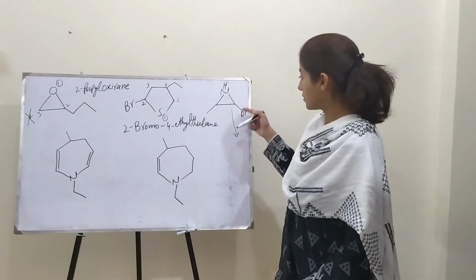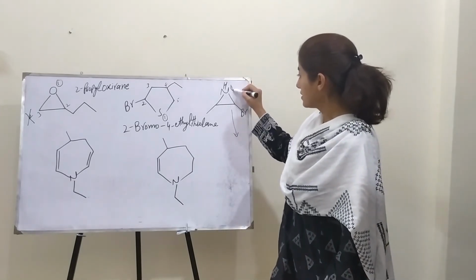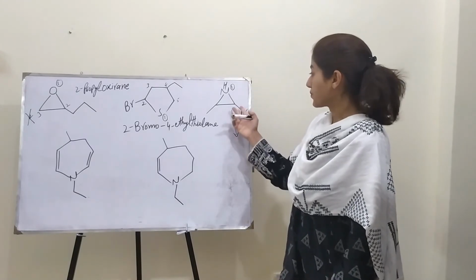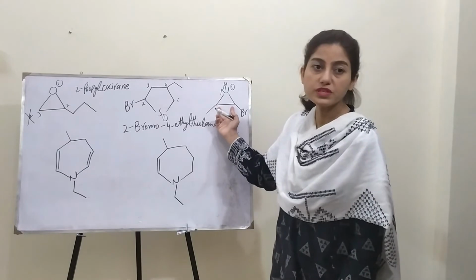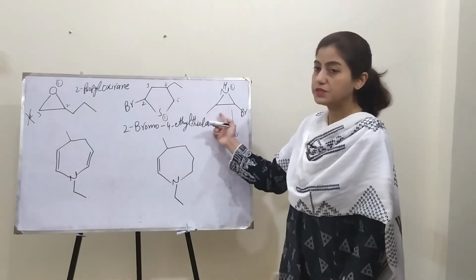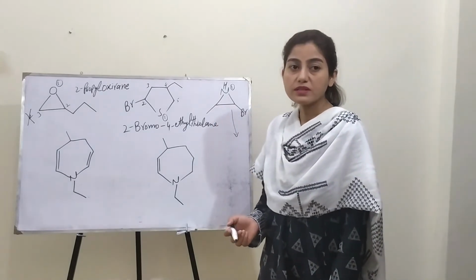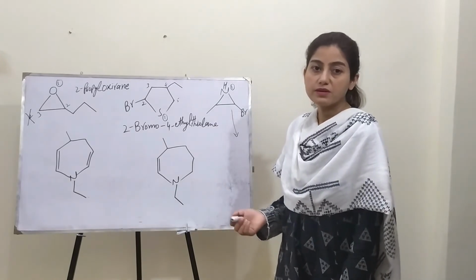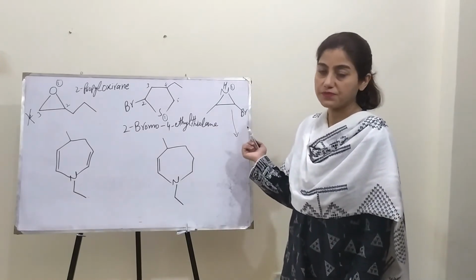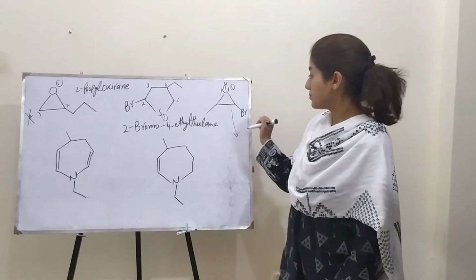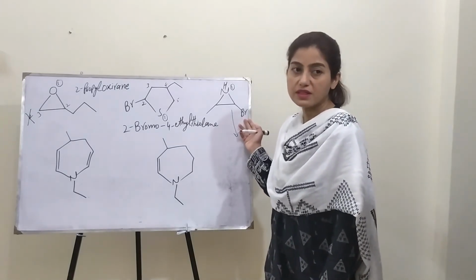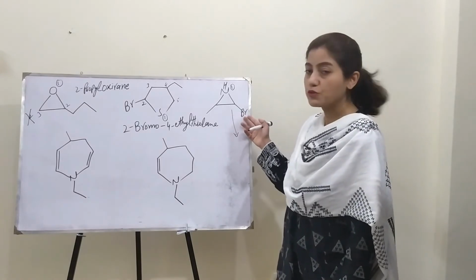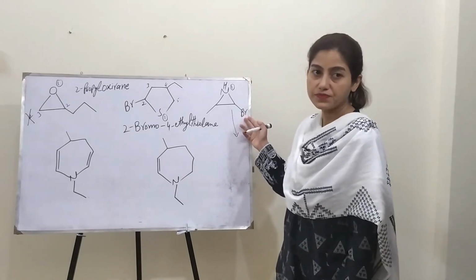And for this compound, as this is 1, now both of these positions are saturated ones and both of these positions contain substituents. So how can we prefer any one position? Then you would depend upon the atomic weight of the substituent.